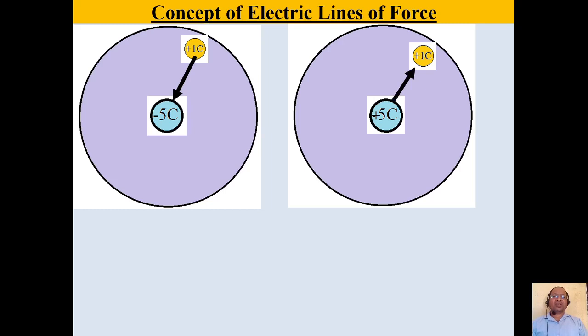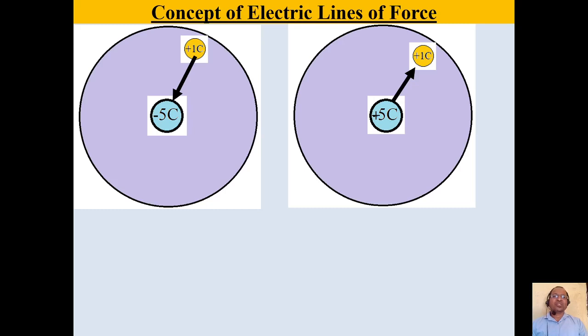So from the figure it is clear that if a negative charge is given, then the test charge will be attracted towards it, and the direction of this force of attraction is towards the given charge. If a plus charge is given, then the test charge will be repelled by the given charge, and the direction of the force of repulsion will be away from the given charge.